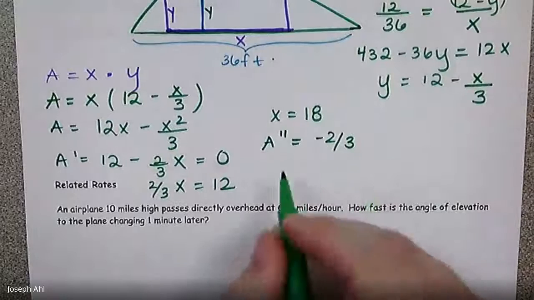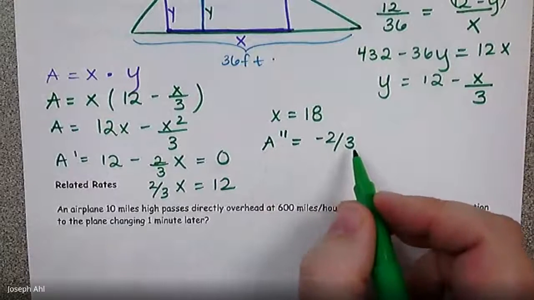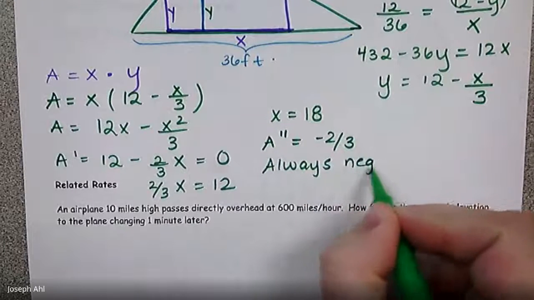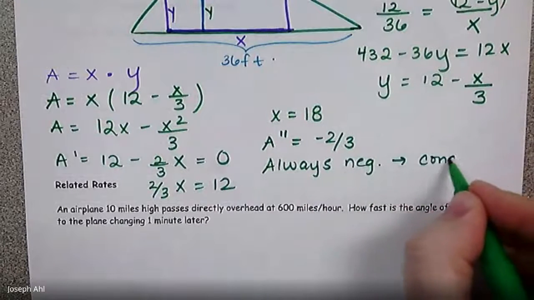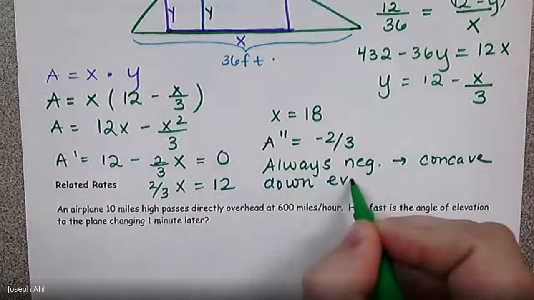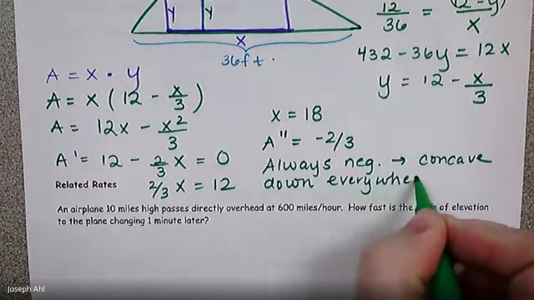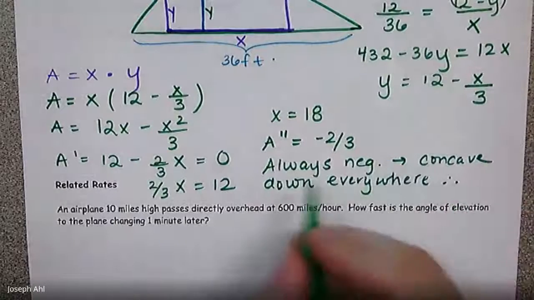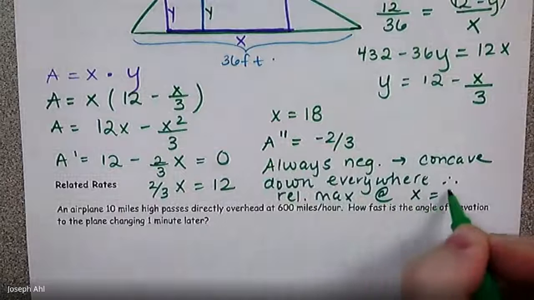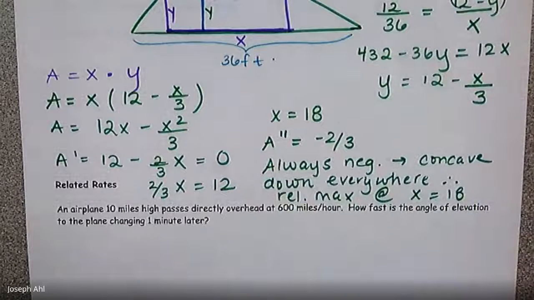What does that imply if the second derivative is always negative? Always negative implies that this graph is concave down everywhere. Therefore, we have a relative max at that critical point at x equals 18.